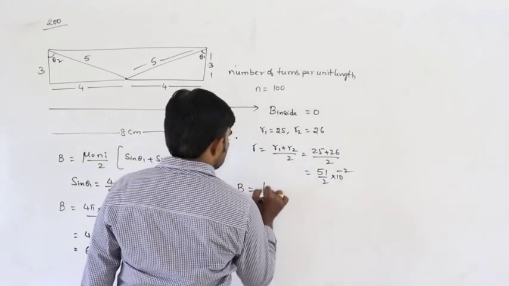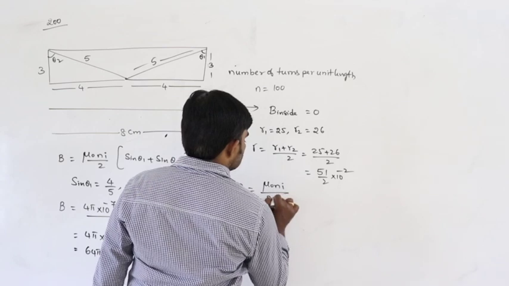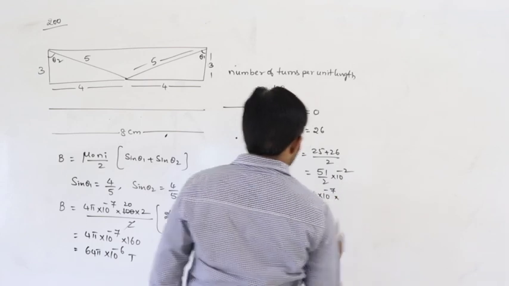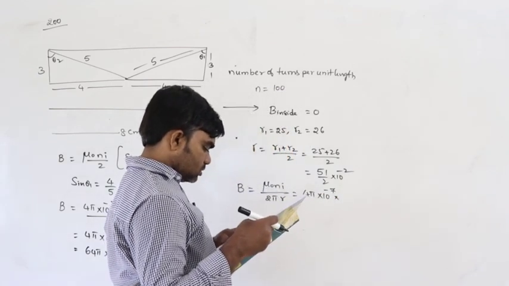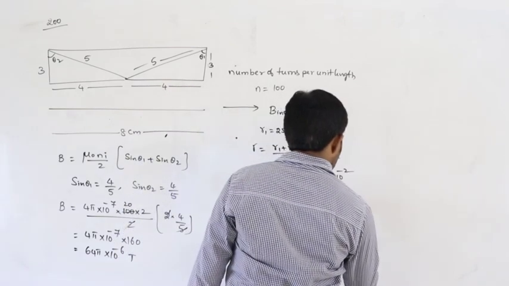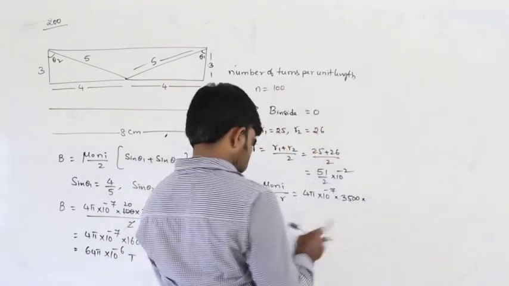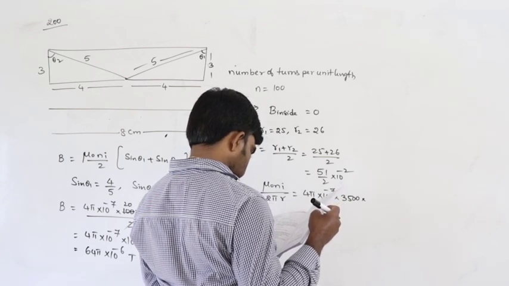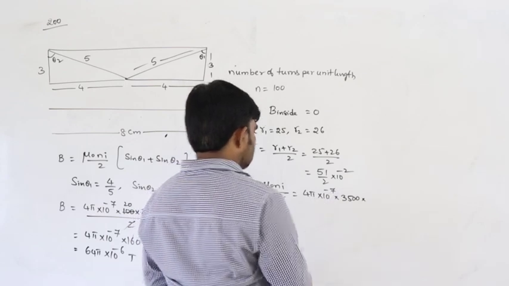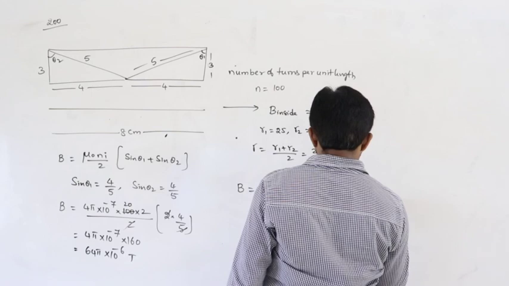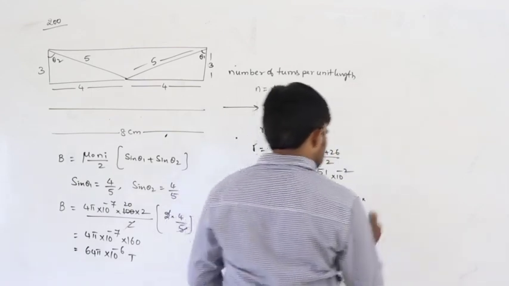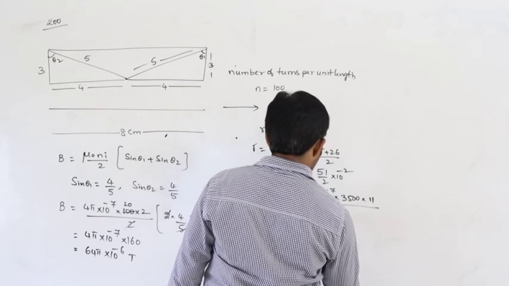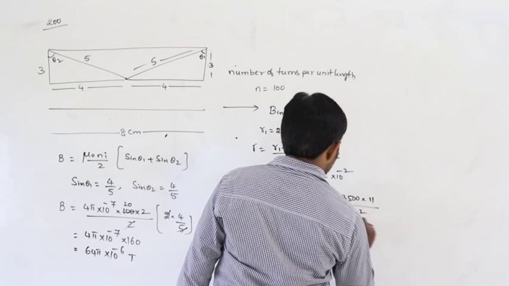So B is equal to mu naught N i by 2 pi R. So mu naught is 4 pi into 10 to the power of minus 7 into the number of turns. How many? 3500 turns. So 3500 into i, the current passing through, which is 11 amperes, divided by 2 pi R. R is 51 into 10 to the power of minus 2 divided by 2.